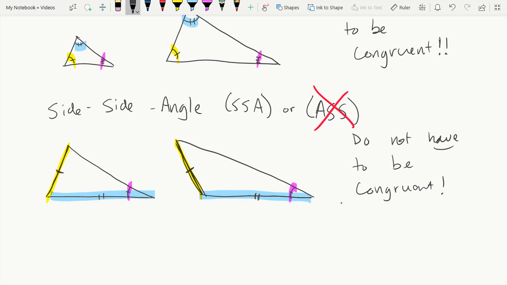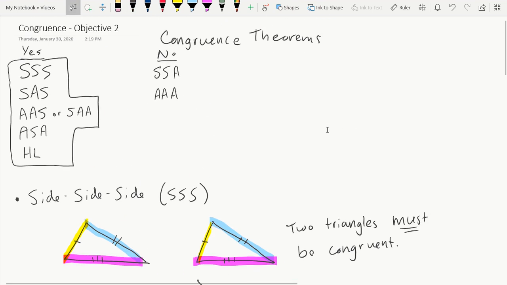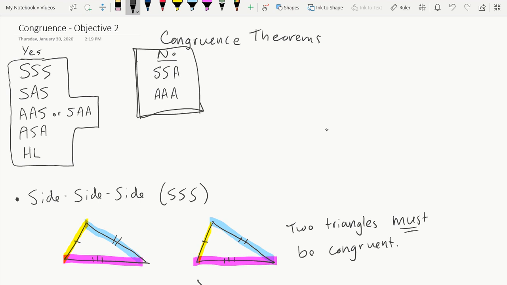We need to know more. We would need to know another side. We need to know another angle. We can't prove congruence with just this. Okay, so let's scroll all the way back to the top. And so it is really important for you guys to be able to recognize within two triangles, if I know any of these things, then I automatically know that they are yes congruent.